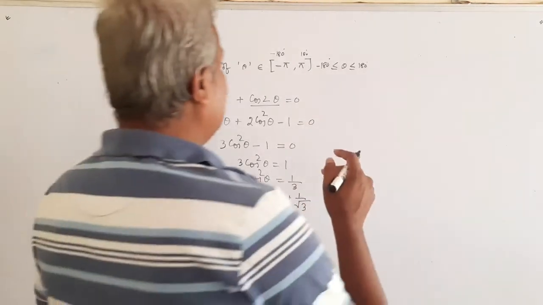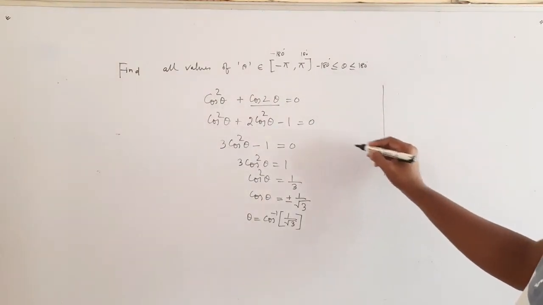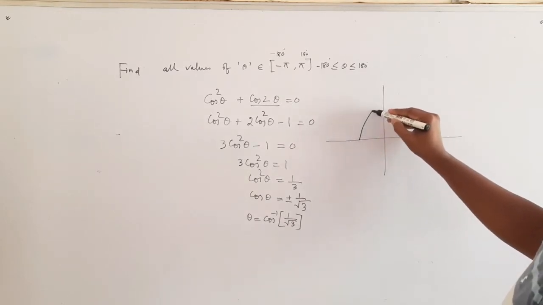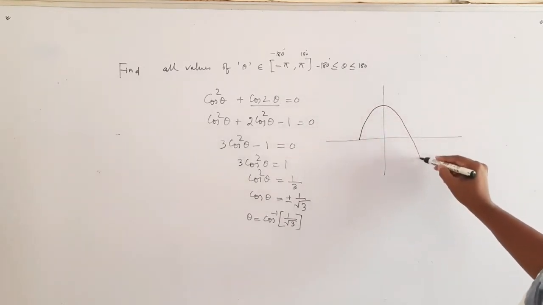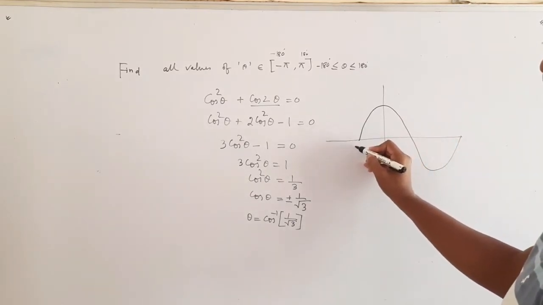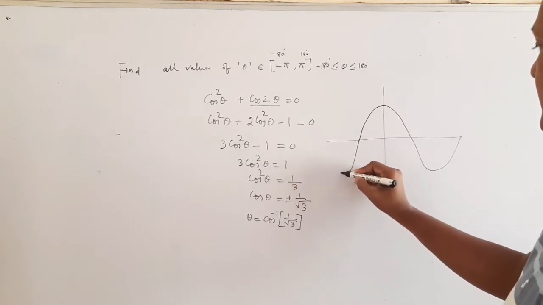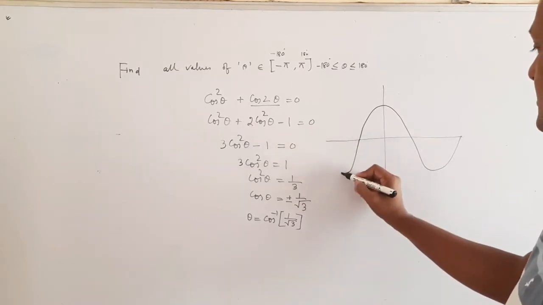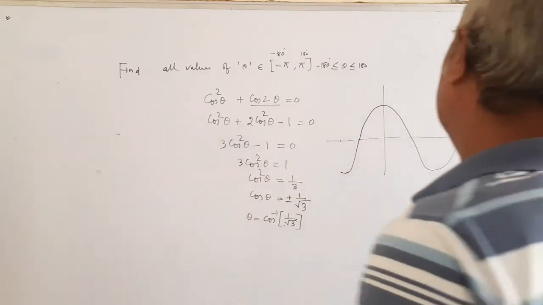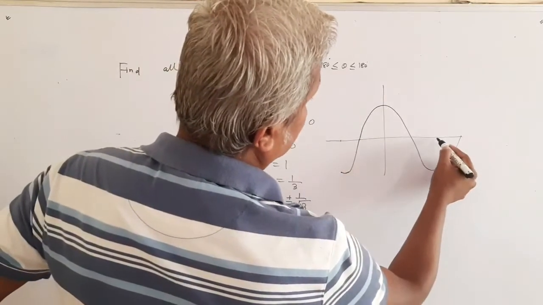Now if I plot the graph for the cosine, we get it like this. This is 0, this is pi by 2 and this is pi.